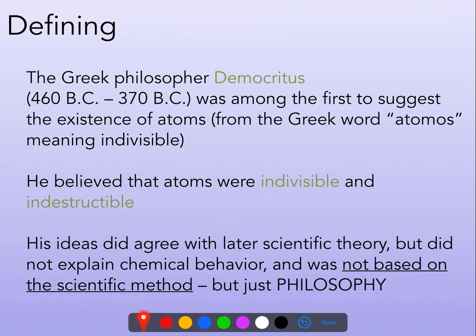So, going back to Democritus, 460 to 370 there, this idea of atomos, indivisible, was philosophical. By philosophy, we talk about coming up with ideas and debating and arguing ideas, but that's not the same thing as using the scientific method and then experimenting and then re-experimenting and learning and writing down the data and figuring out what it all means.